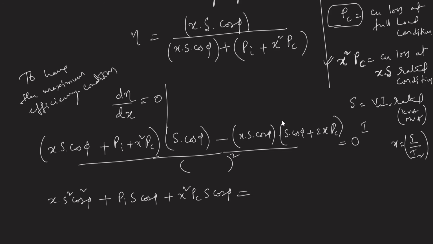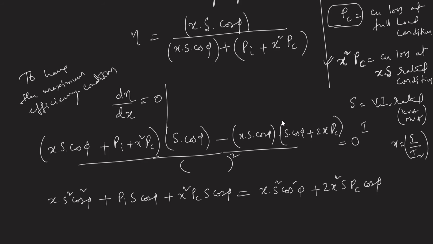It is equal to, I am bringing this second term onto the right side, X S square cos square phi plus 2 X square S Pc cos phi. Is it right?